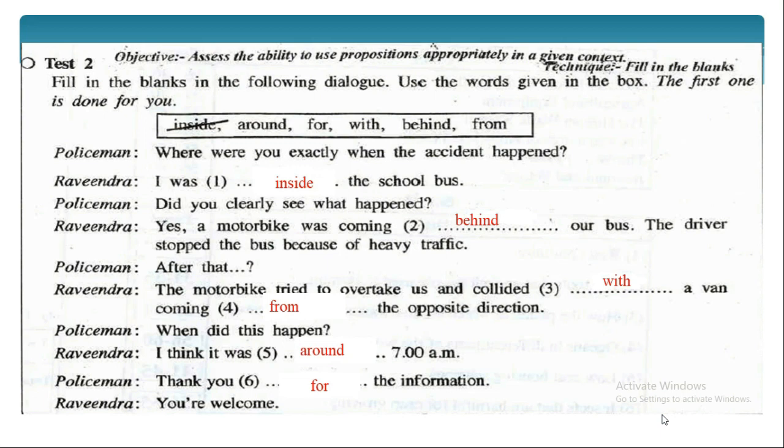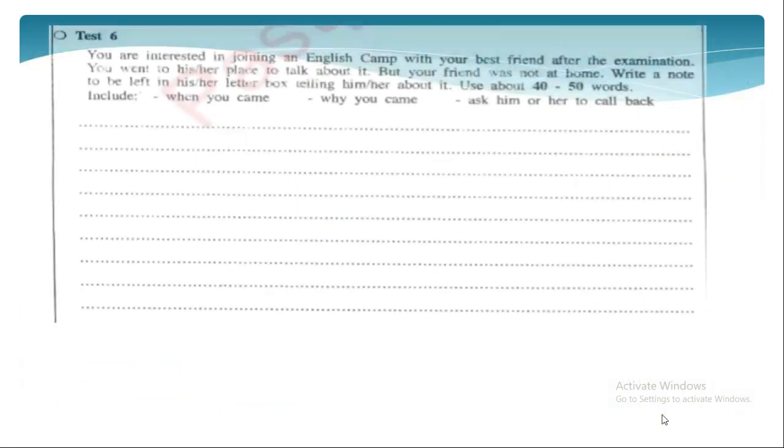You are welcome. Next, move to Test 6. Here you have to write a note using the given details. The question is, you are interested in joining an English camp with your best friend after the examination.